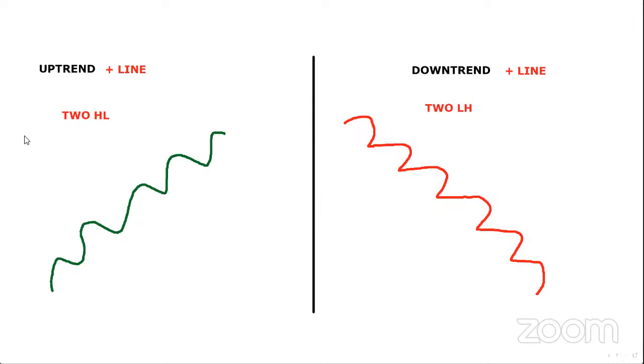Uptrend, below the 2 higher lows, we can draw our lines. Here, above 2 lower highs, we can draw our lines.